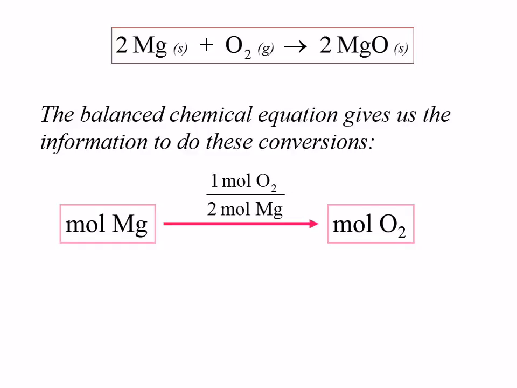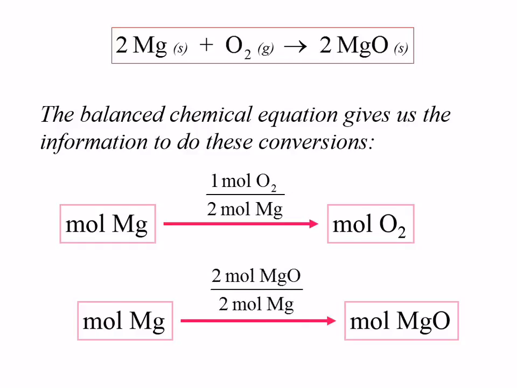All right? The second one goes like this, where we're going to use a different ratio. Why? Because we're trying to get to something else. Again, we're starting with moles of magnesium, trying to get to moles of magnesium oxide. So we put units of moles of magnesium at the bottom, units of moles of magnesium oxide at the top.